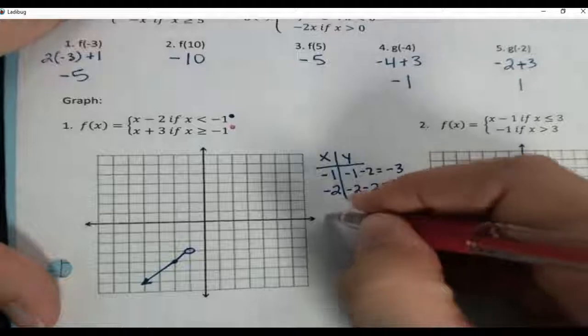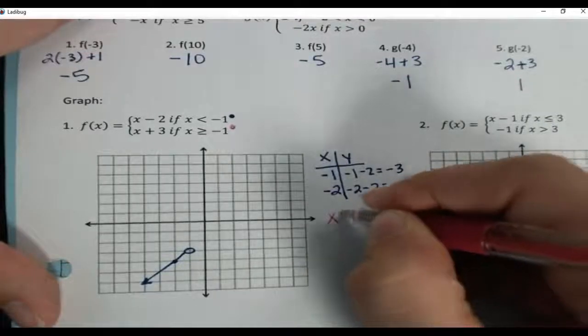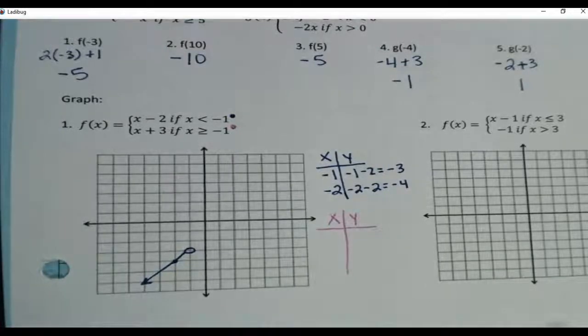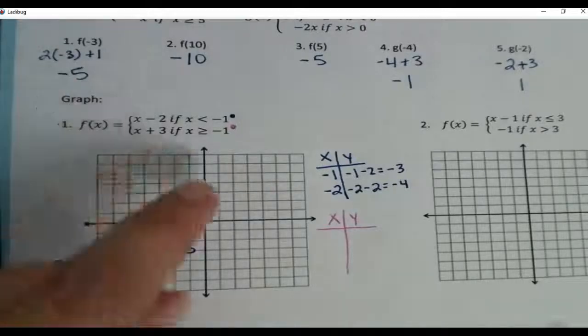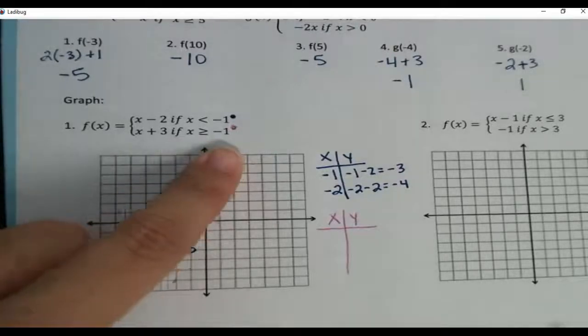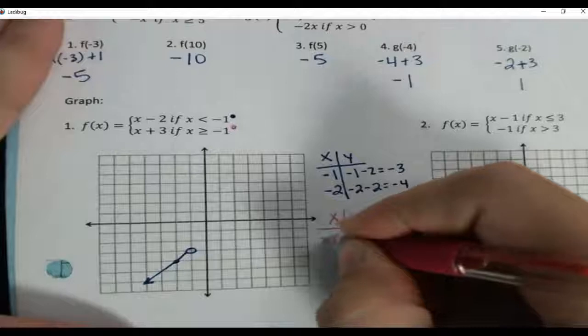And so we want to do the same thing for this, make a table. So if I look at this one, I want x's that are greater than or equal to negative 1. So negative 1 is still my number I'm looking at.